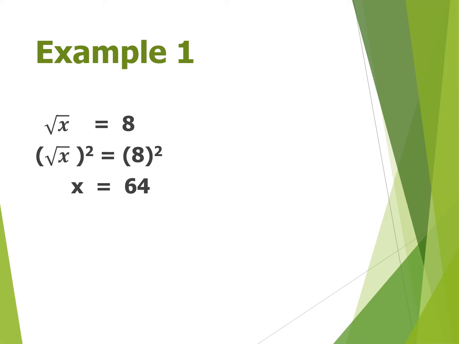The index of the square root is 2. To get rid of the square root symbol, we have to square both sides of the equation. So the square root of x squared is x, and 8 squared is 64.